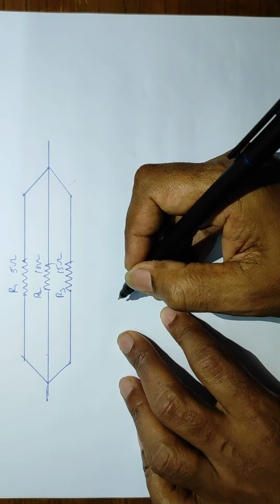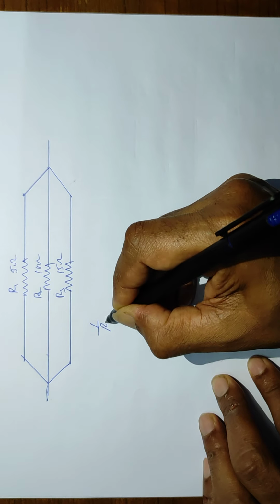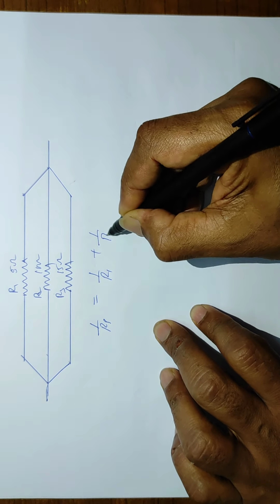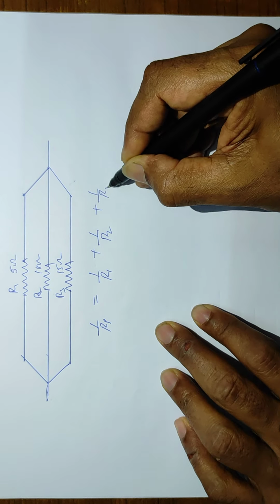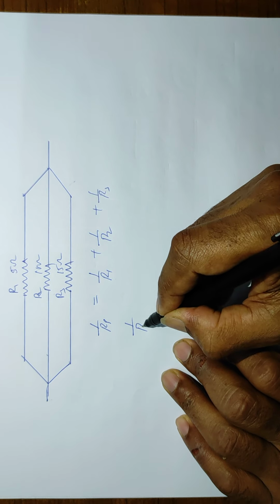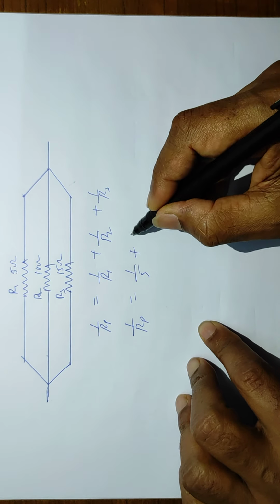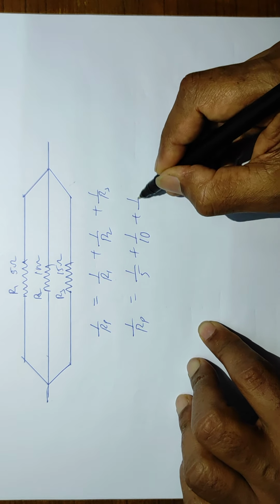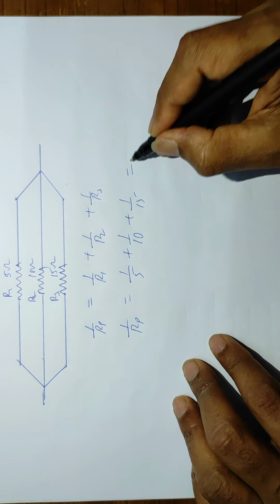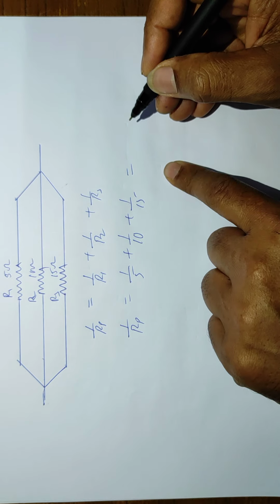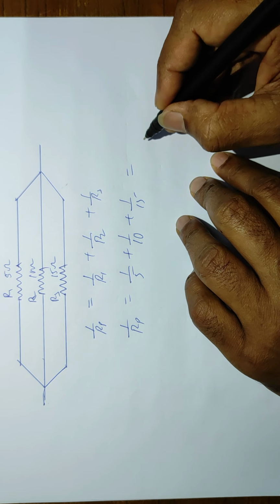So once again, what do you have to write? 1 by Rp is equal to 1 by R1 plus 1 by R2 plus 1 by R3. So 1 by Rp is equal to 1 by, what is R1? 5. What is R2? 10. What is R3? 15. So I have to take the LCM of 5, 10 and 15. It is 30.